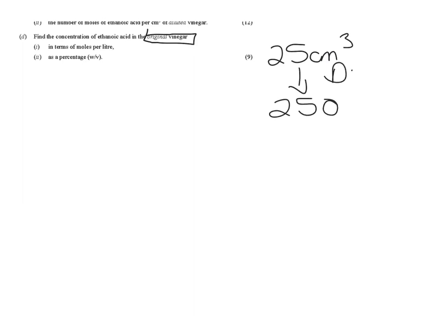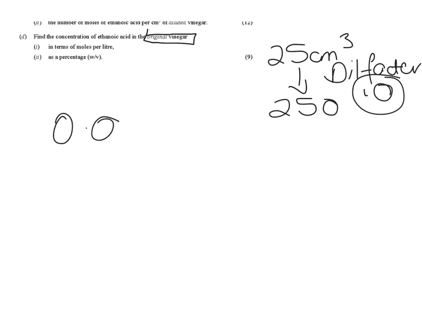We're now going to have a look at part D, which is asking us to calculate the concentration of ethanoic acid in the original vinegar. To calculate that, we go back to our question, and we can see that we diluted 25 centimetres cubed of vinegar to 250, and that gives me a dilution factor of 10. What I know so far is that I have 0.00008 moles in 1 centimetre cubed.